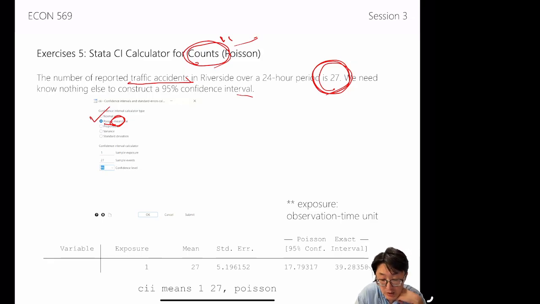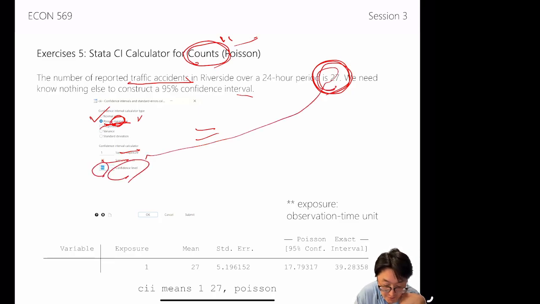I think this is very similar to your version, but sometimes Stata may change the label, so make sure you are choosing the correct one. You don't need to worry about sample exposure, just keep it at one. The sample event count is 27, and the confidence interval is 95.